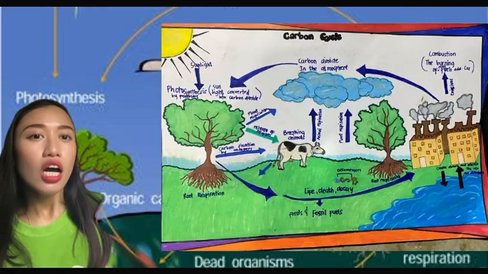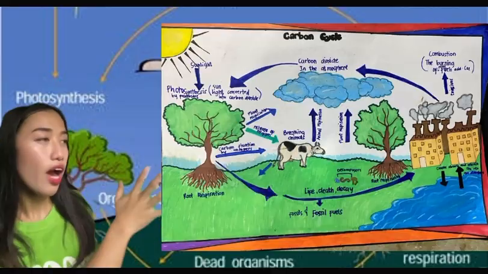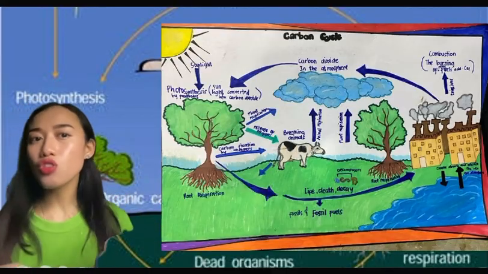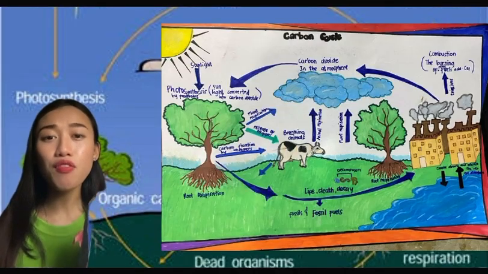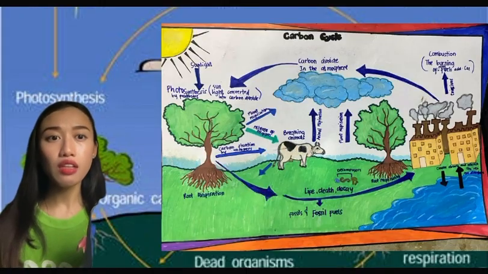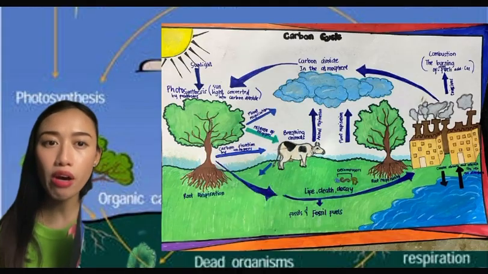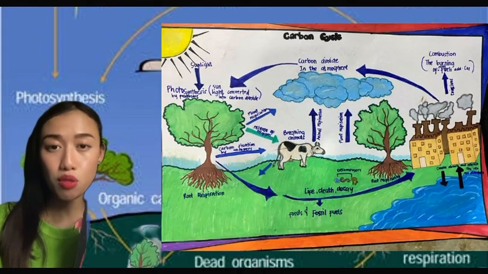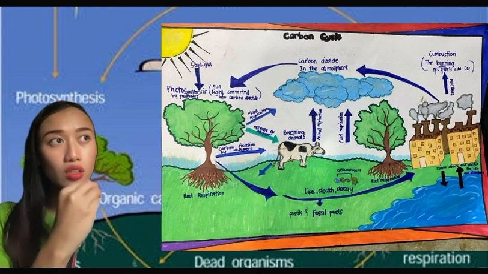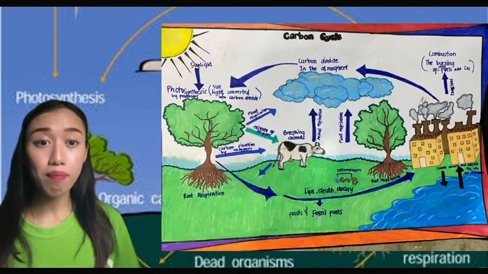Now, humans impact the carbon cycle. As you can see here, combustion shows that the burning of fossil fuels really adds to the CO2 released back into the atmosphere in large amounts, and it takes so long to be fixed by the plants.